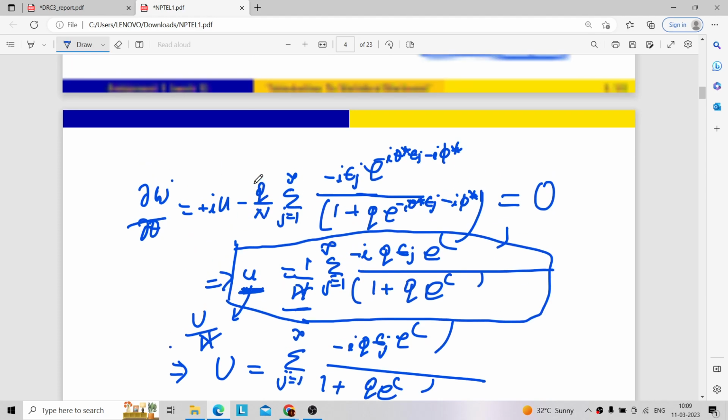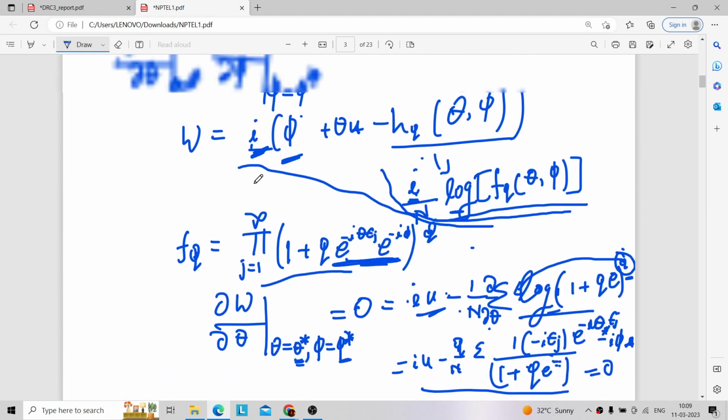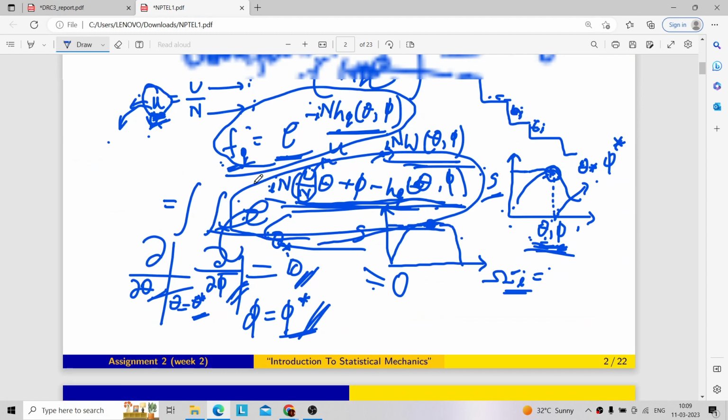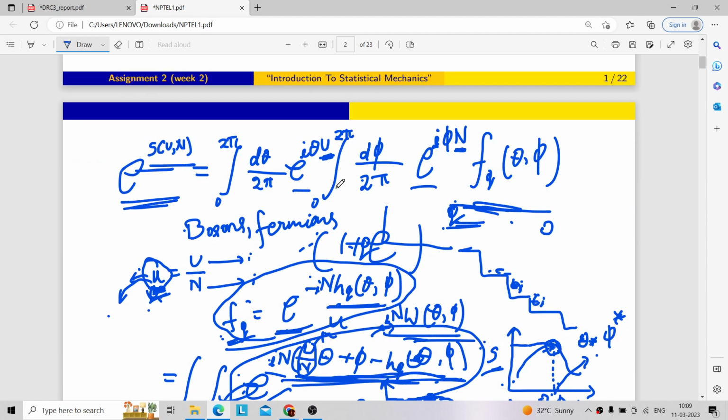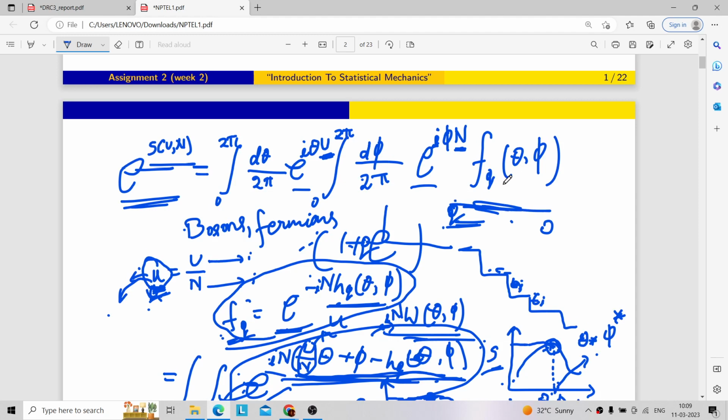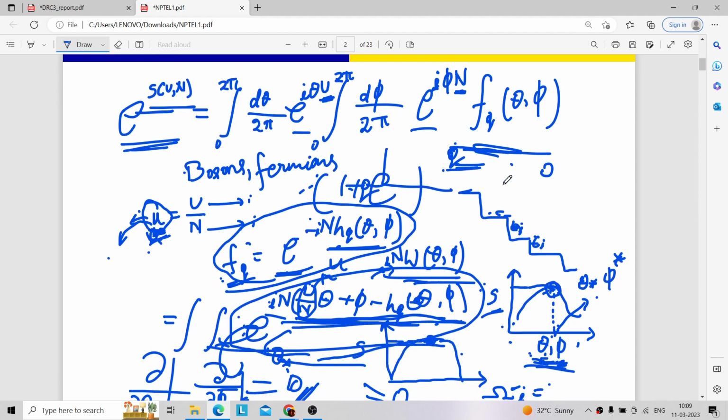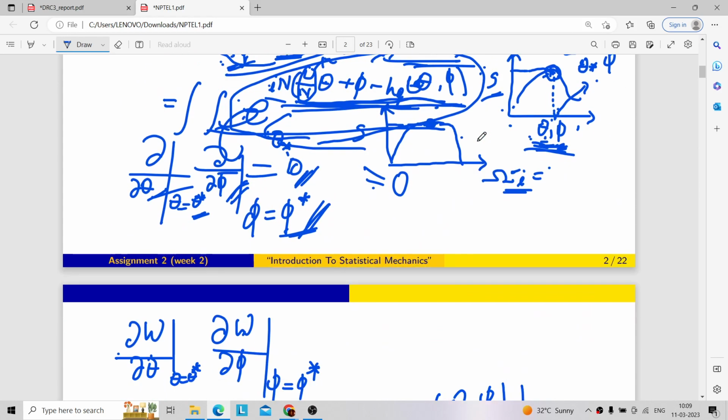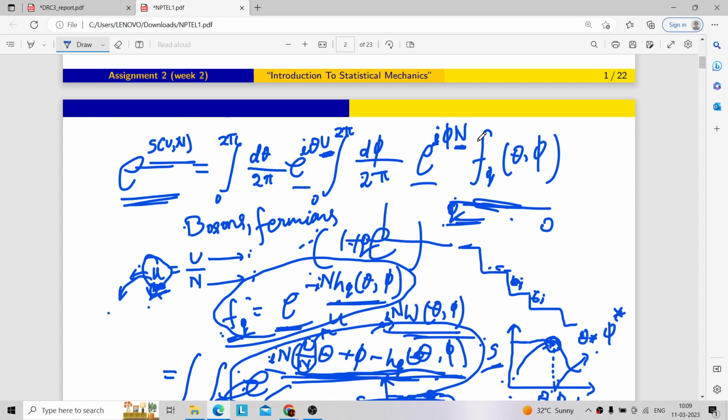So we started from some arbitrary form e to the entropy, where we take some general form of these variables, where this can describe both fermions and bosons depending on the q value, and we are trying to find a maximum entropy or equilibrium state for this function.